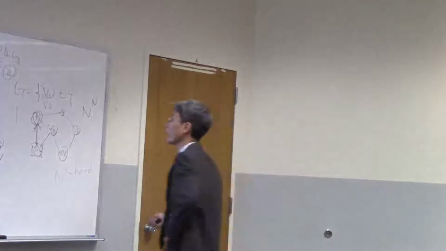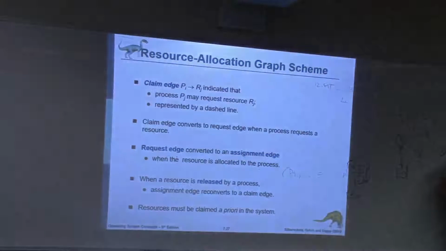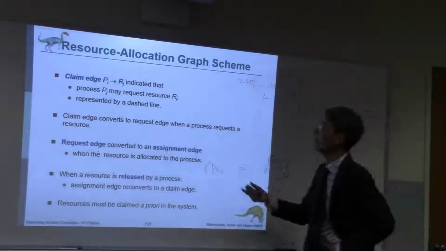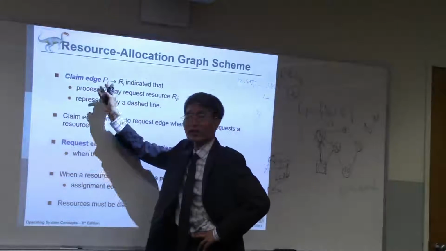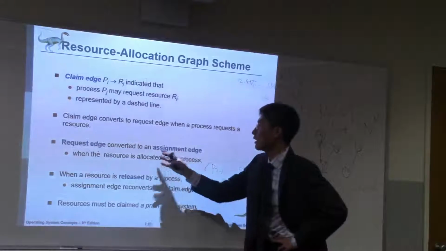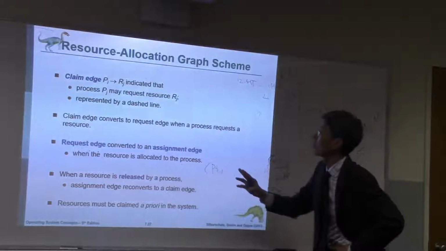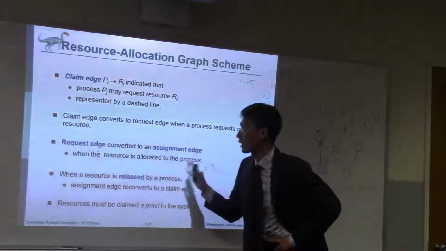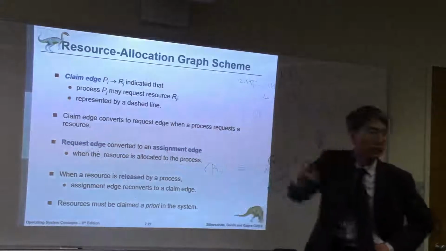We are going to use the same notation of the resource allocation graph with multiple instances. The claim edge is the future request, and the request edge can become an assignment edge in the other direction when it's assigned.